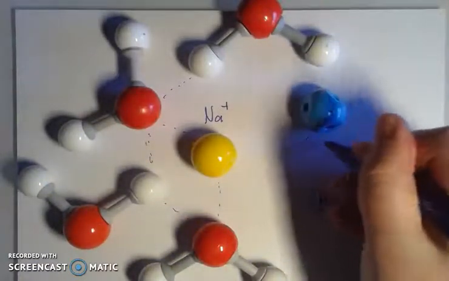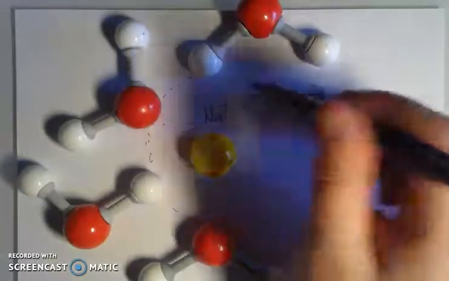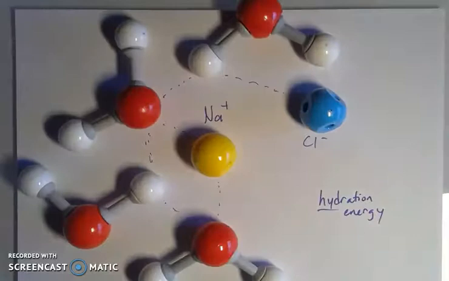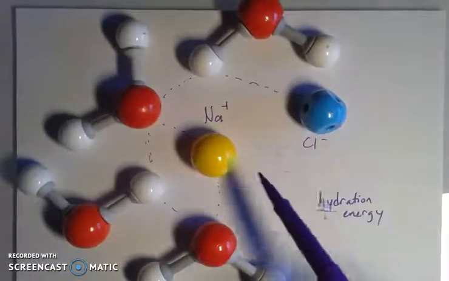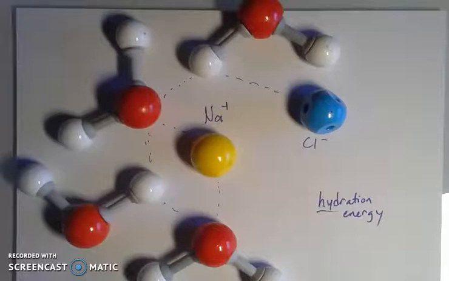So if I have my chloride here, which is my negatively charged one, then now my partially charged hydrogens are going to be sort of interested in that instead of in the partial negative, right? A full charge on an ion is going to be much more appealing than the partial charge on the water. So there's going to be this kind of competing forces here in order to figure out what's what.